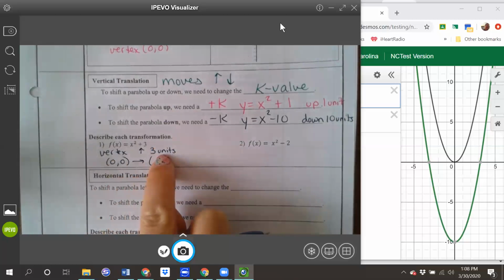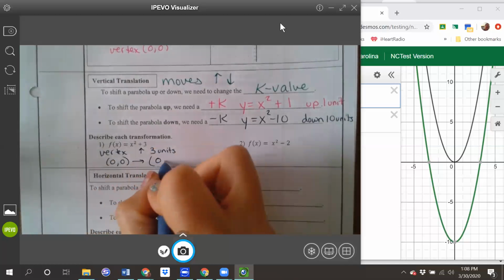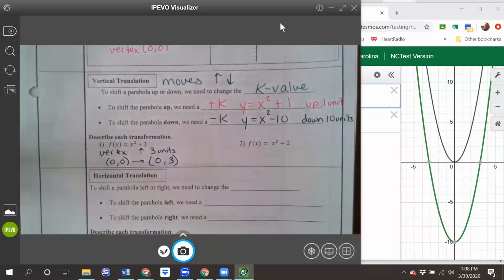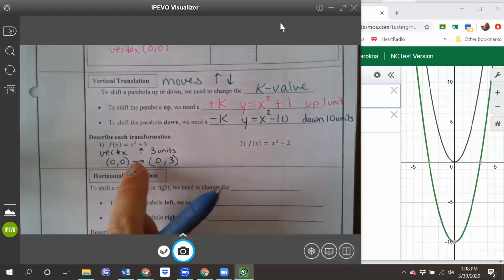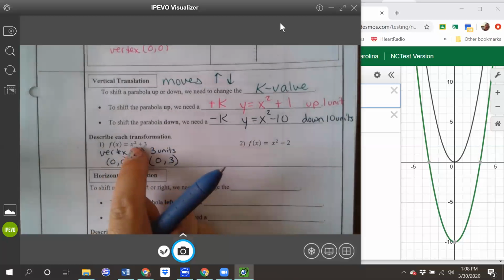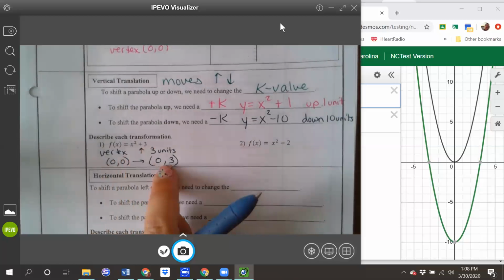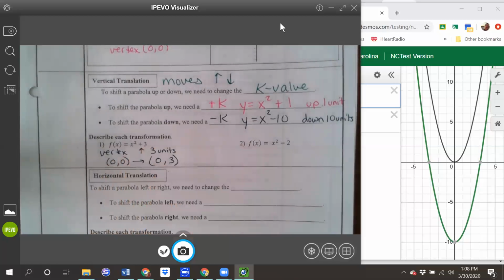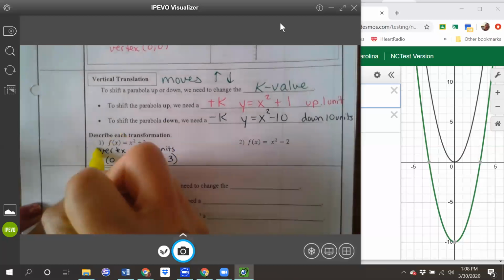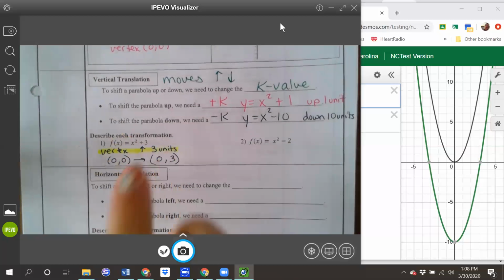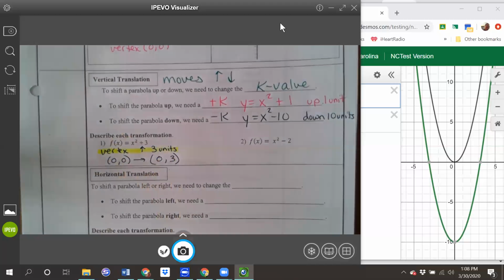That's the y value. It is going to move up 3 units. There's no h here, so h is 0 and k is 3, so (0, 3) is the vertex. Describing the transformation: it moves up 3 units.